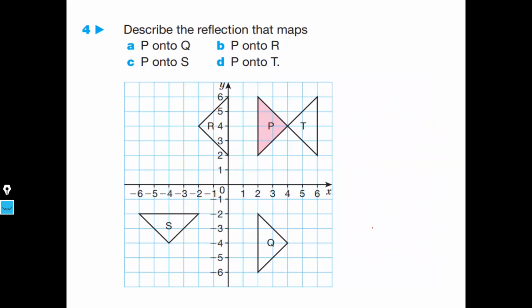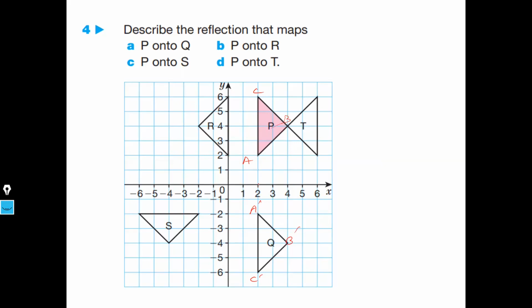Now look here. We are describing the reflection that maps P onto Q. So first of all, we know P onto Q. We need to know from which line these 2 points are equidistant. For example, we write here A, B, and C. And it could be A dash, B dash, and C dash. We know that A is 2 units up and A dash is 2 units down.